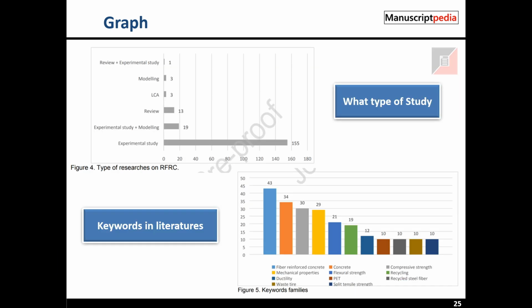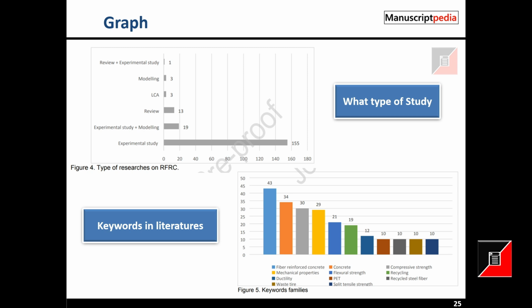And what type of study, whether it is an experimental study or a modeling study or a review article. With that you can plot a graph. You can see here nearly 155 articles have done only the experimental work. The remaining other investigations or other studies were quite fewer.